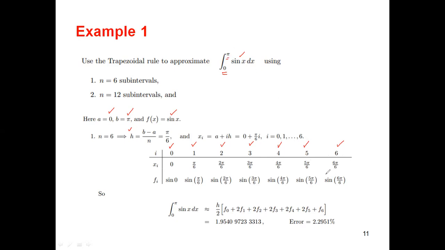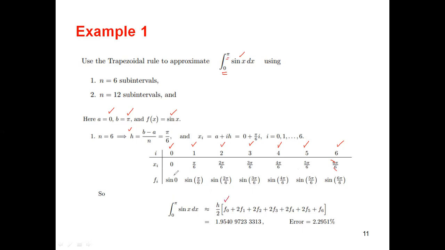You will know you're doing the right thing if the value of x that you have reached at the nth interval is equal to your upper limit of integration, and this is actually pi. Okay? So this is now your function values. What would you do with these function values? You substitute them in the formula. What is our formula?